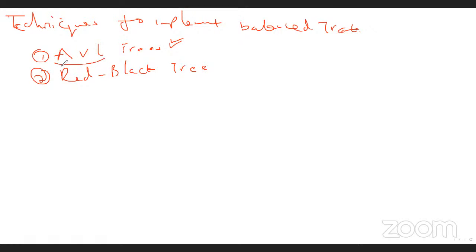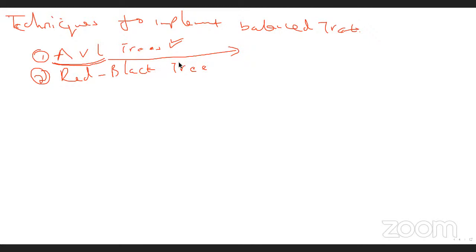From the reading, could someone tell me what AVL means?